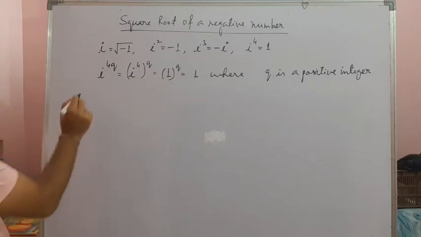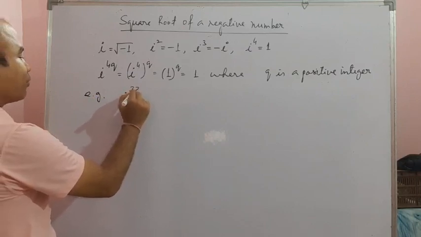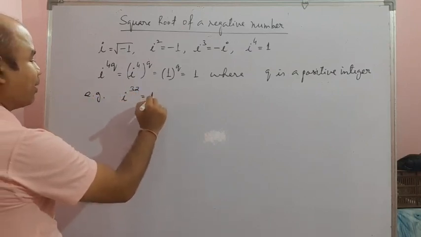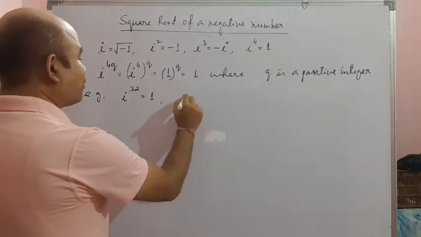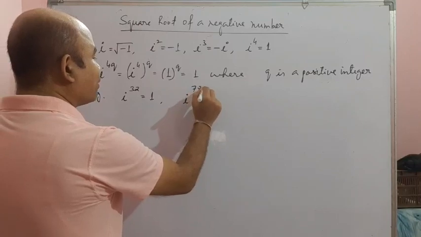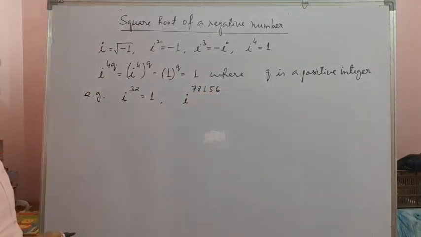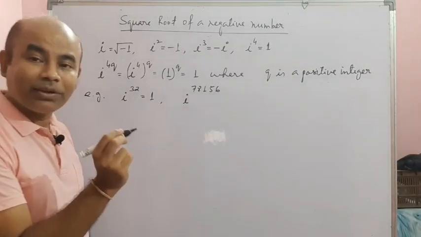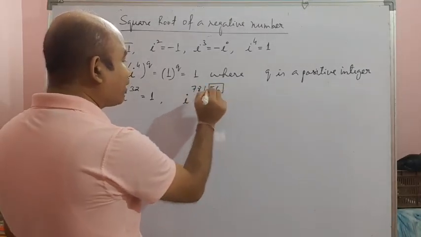For example, say i to the power 32. As you know that 4 times 8 is 32, this value will be equal to 1. Say another example, let me take i to the power 78156. Now here, to decide whether it is a multiple of 4 or not, as you already learned in lower classes, I need to see the number formed by the last 2 digits.